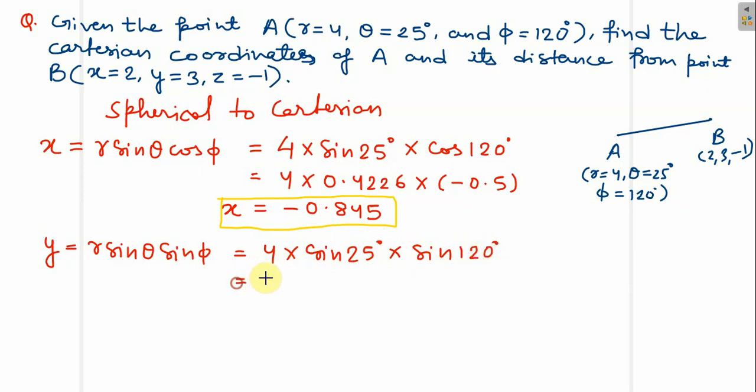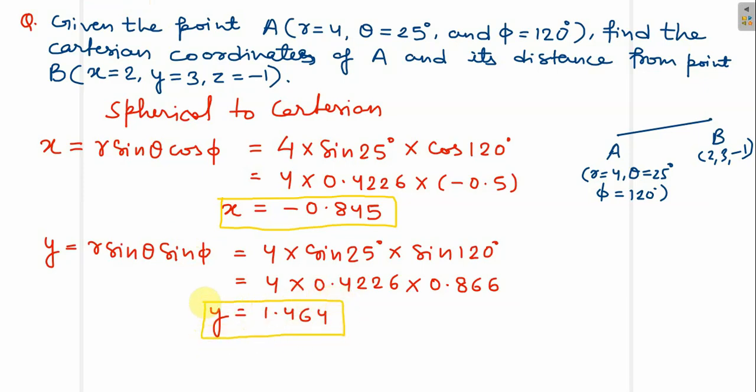Okay, so it is 4 into sine 25 degree, which is 0.4226, and sine 120 degree is 0.866. Okay, so if we calculate, we will get 1.464. So again we have calculated the value of y also.